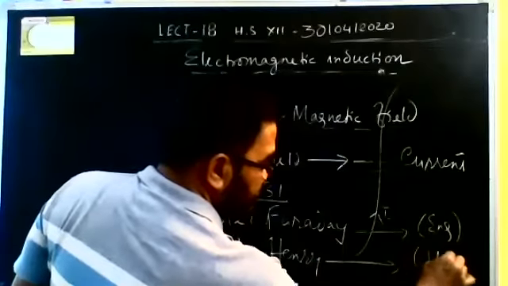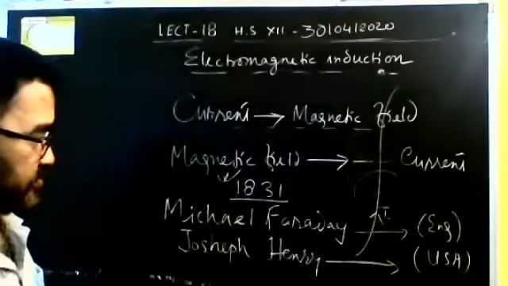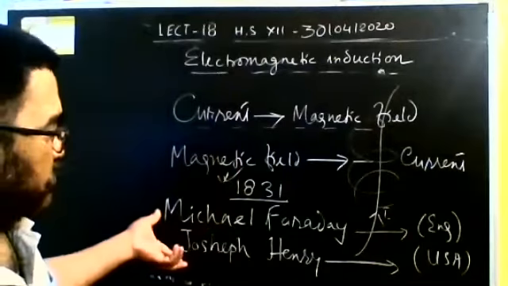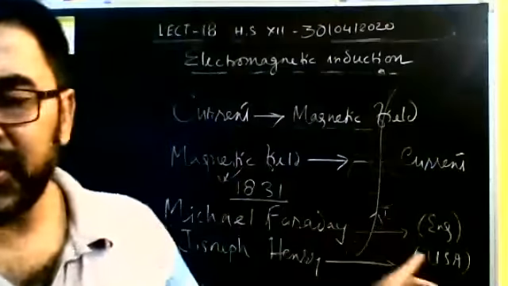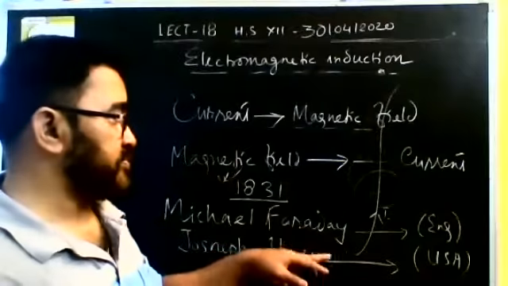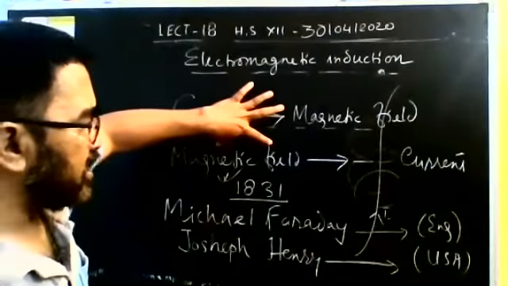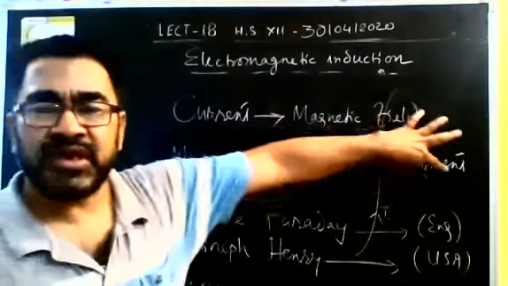Both of them started a number of experiments. Faraday performed a series of experiments to show that a magnetic field can also produce electric current.